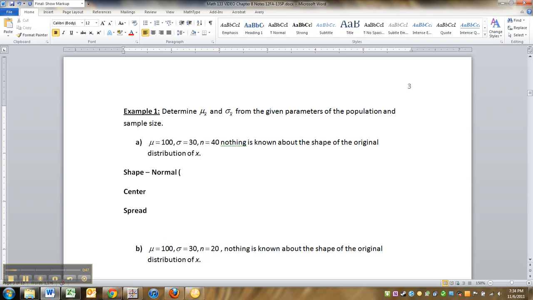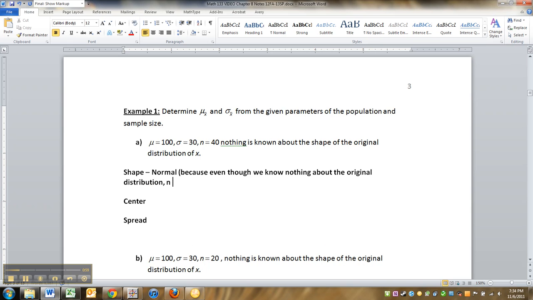Now, shape, we really want it to be normal. So is it? And the answer is yes, it is, because even though we know nothing about the original distribution, n equals 40 is greater than 30. So the sampling distribution is normal.